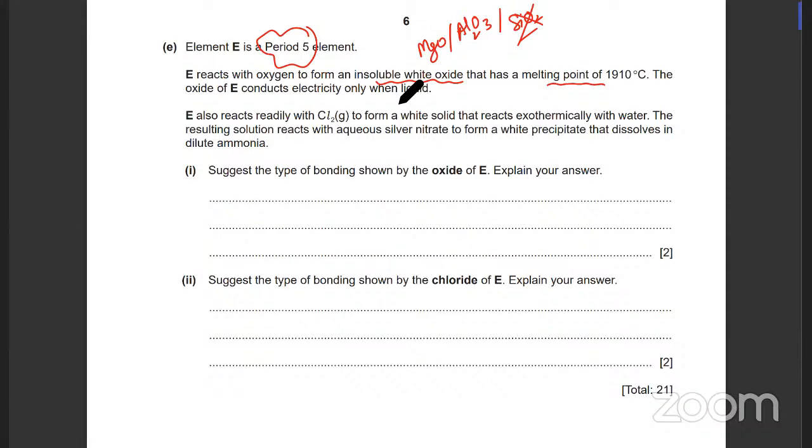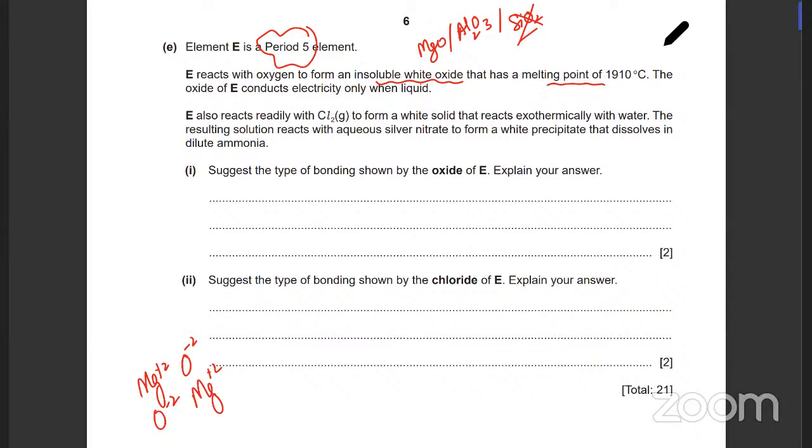Not free electrons, but free-moving ions. They're both ionic compounds. It's a bunch of ions attracted to each other, but when you melt them, they start to move around.